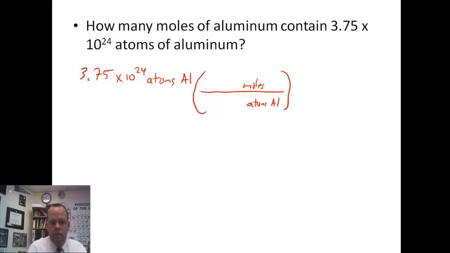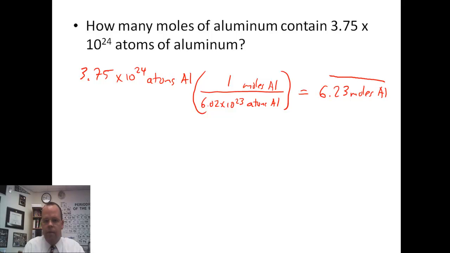We want moles of aluminum. 1 mole will be 6.02 times 10 to the 23rd atoms. So now we're dividing by 6.02 times 10 to the 23rd. Keep the 3 significant figures from our original number, and we get 6.23 moles of aluminum.